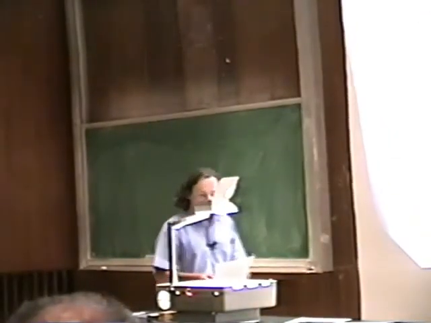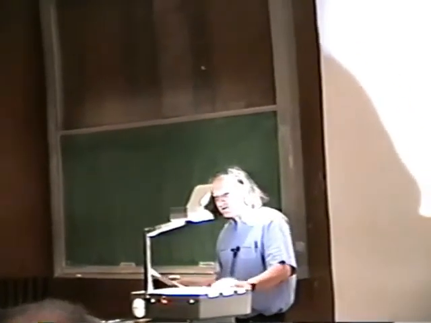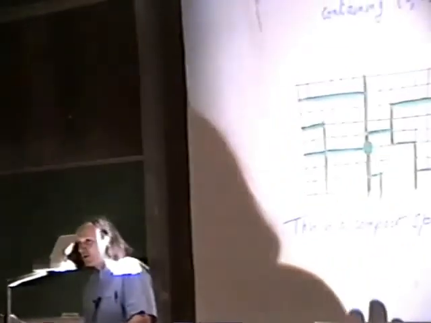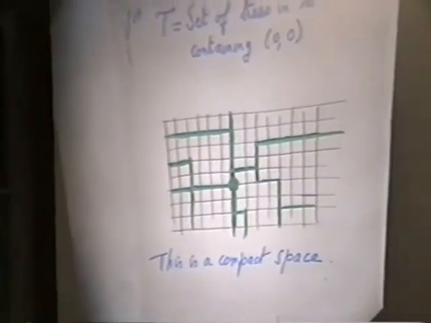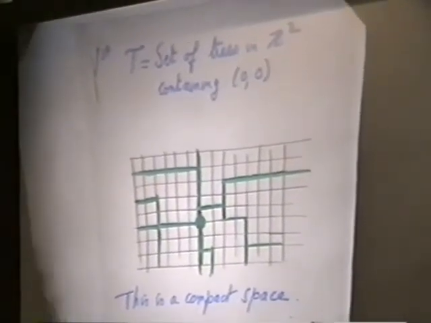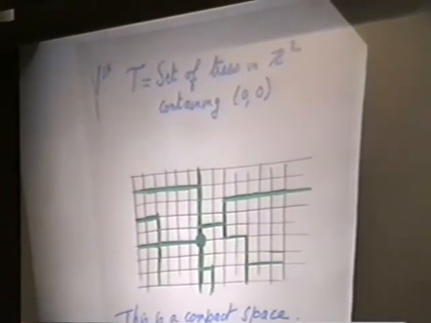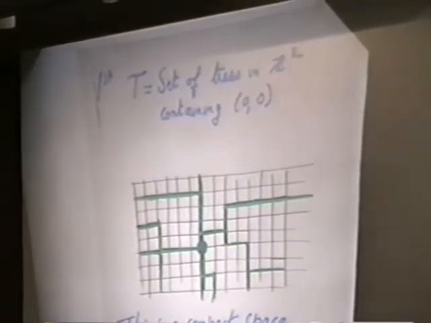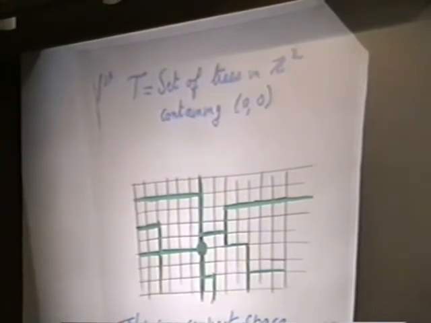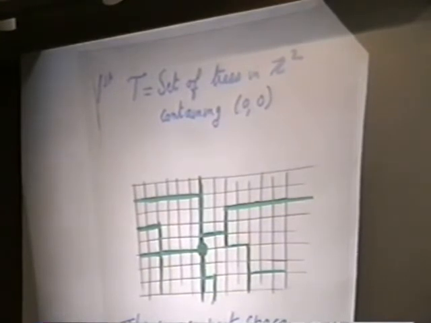Well, it's a construction like yesterday on the space of tessellations and things like that, but it's a variation of the same idea. First, you begin by constructing some kind of compact metric space, which is the space of all trees which lie in the plane and whose vertices are on the integral lattice, the integral lattice in R2, and with a base point at the origin.